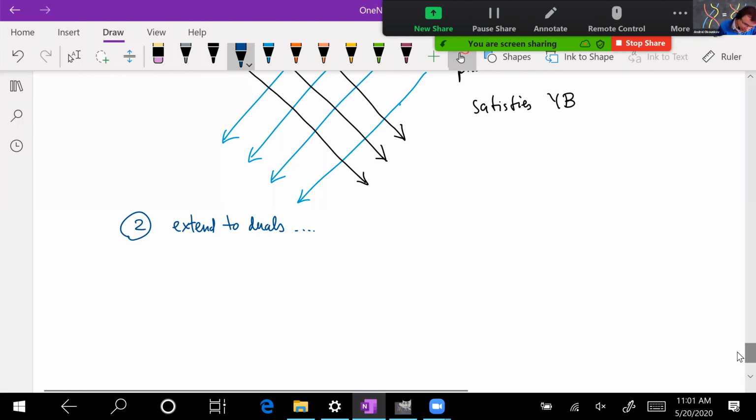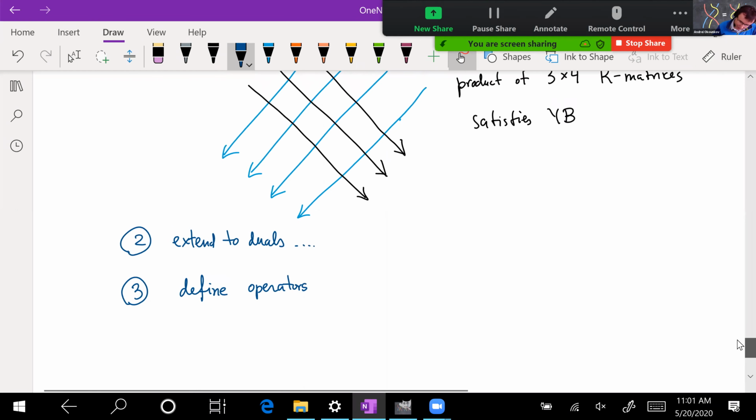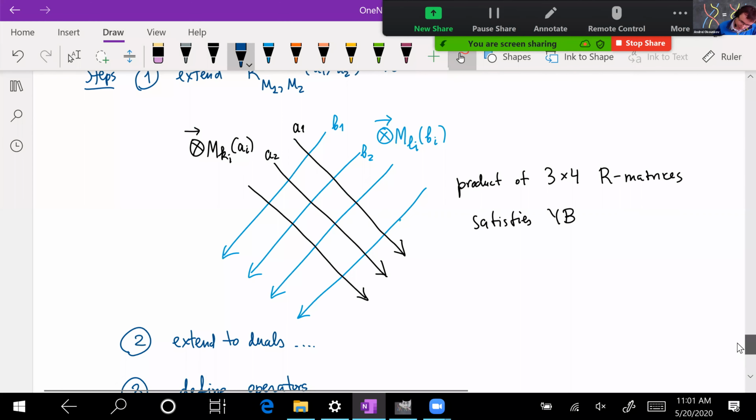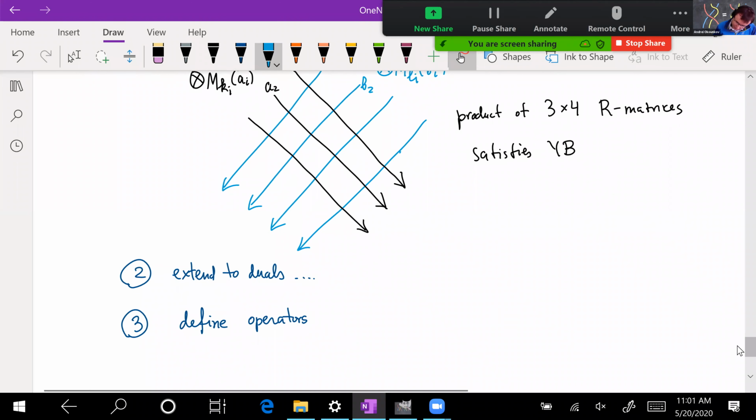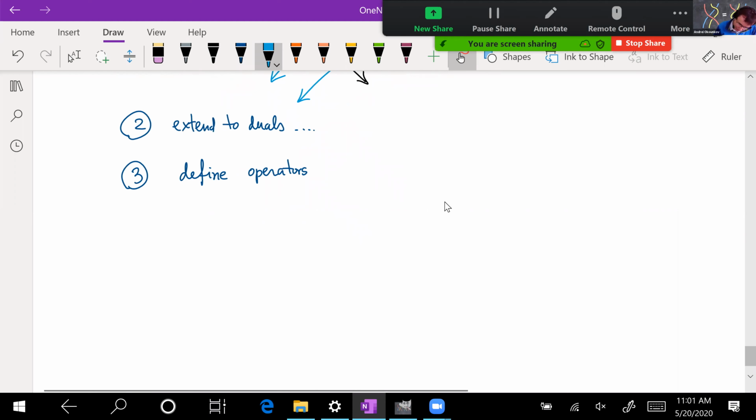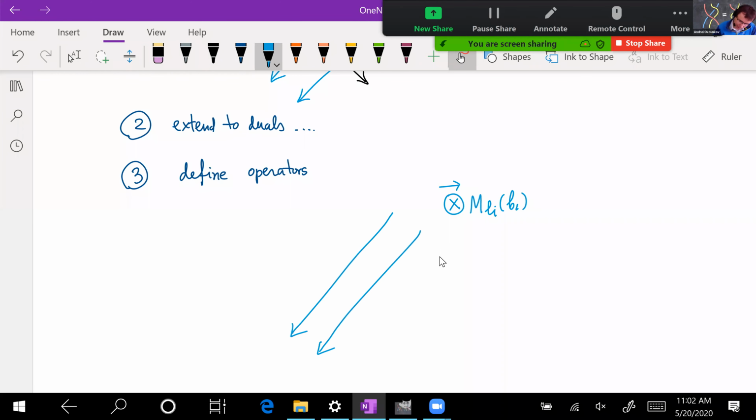And then now we define operators. And the reason we define the operators is that here we had some space which was like a product of these L_i of B_i taken in some particular order. And again, we think of this like that. So we'd like to define an operator in this space.